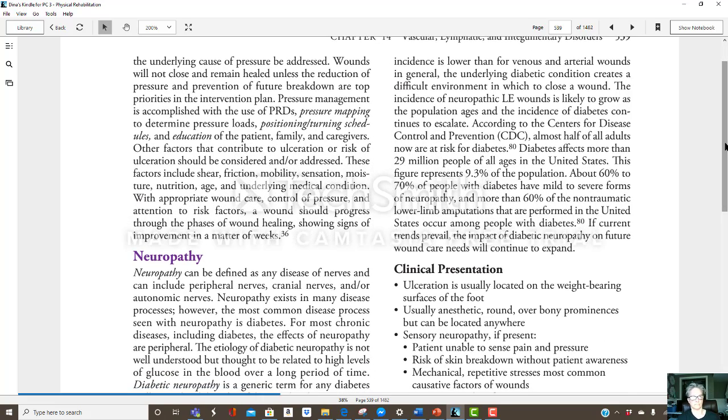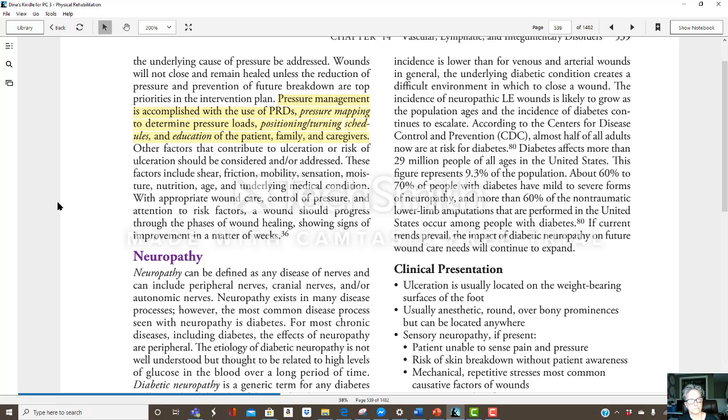Wounds will not close and remain healed unless the reduction of pressure and prevention of future breakdown are top priorities in the intervention plan. Pressure management is accomplished with the use of PRDs, pressure mapping to determine pressure loads, positioning, turning schedules, and education of the patient, family, and caregivers.